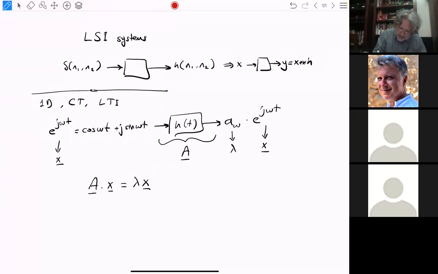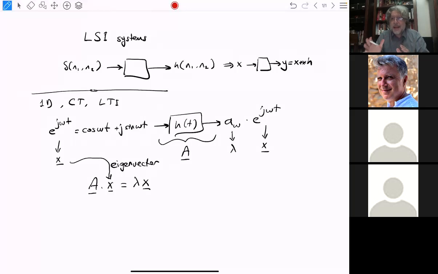Because the input is an eigenvector. This x is an eigenvector of A. So from that analogy, we can say that complex exponentials are eigensignals of linear and time invariant systems, regardless of that linear time invariant system.